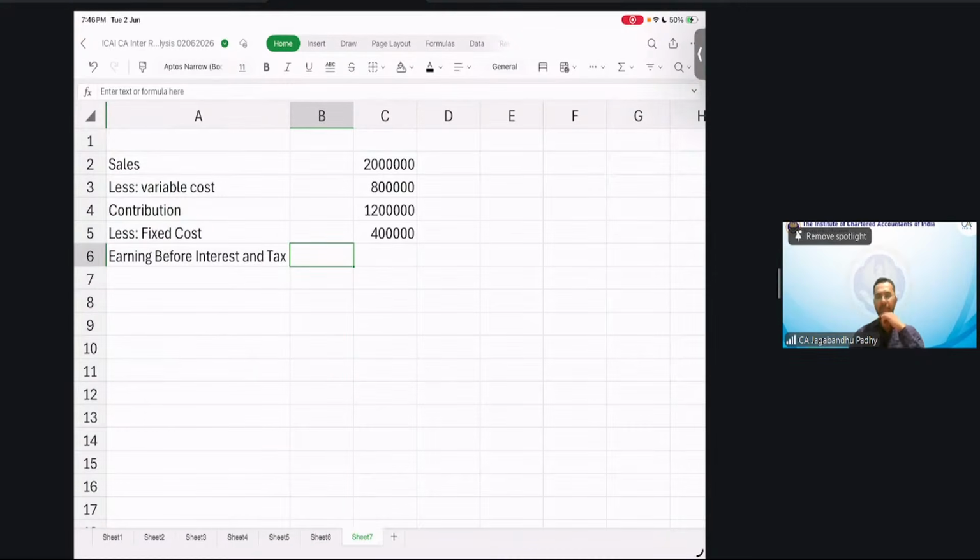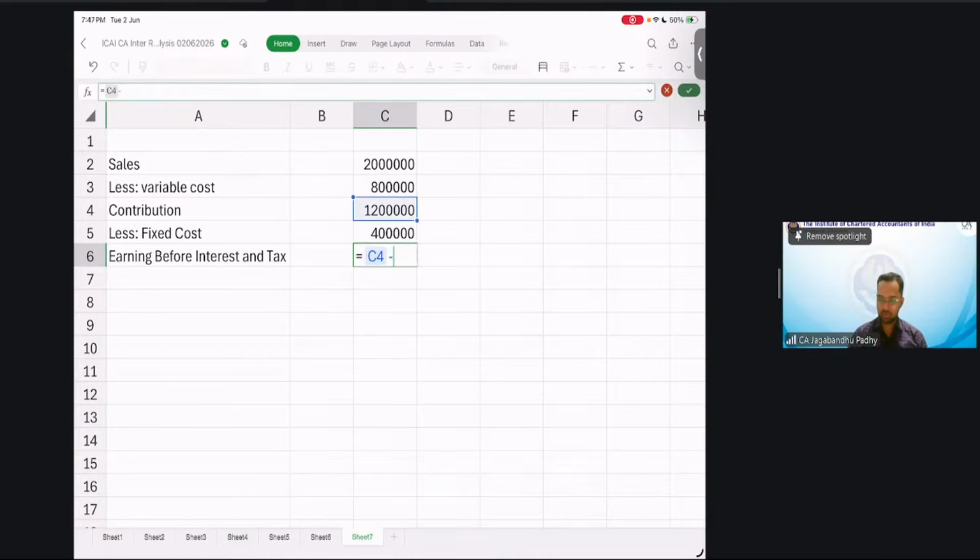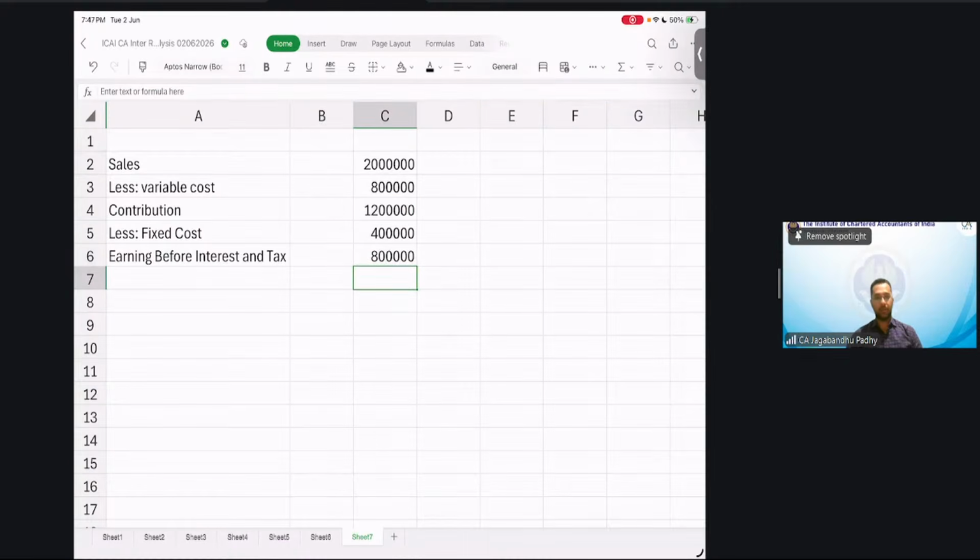That's called EBIT, or earnings before interest and tax, or also sometimes called PBIT, which is profit before interest and tax. So that's your earnings before interest and tax, which amounts to 8 lakh.